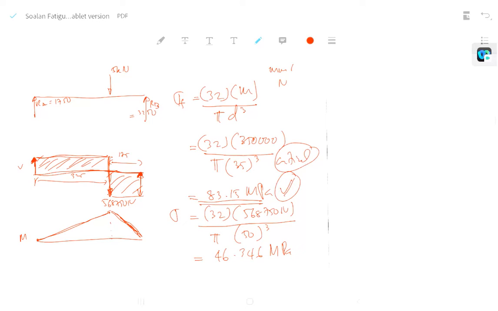Now we identify which type of fatigue stress. We have 3 types of fatigue stress. If we see the condition is like the RR Moore, which is reverse bending.